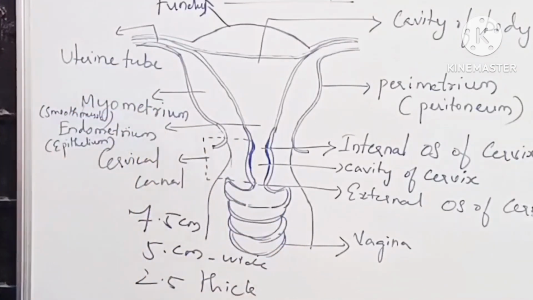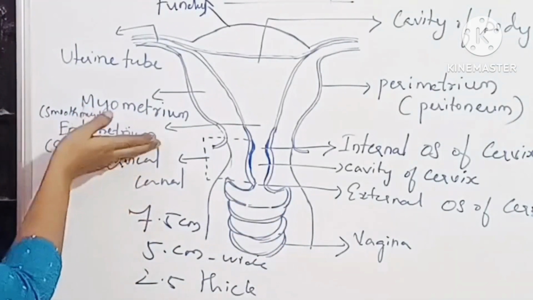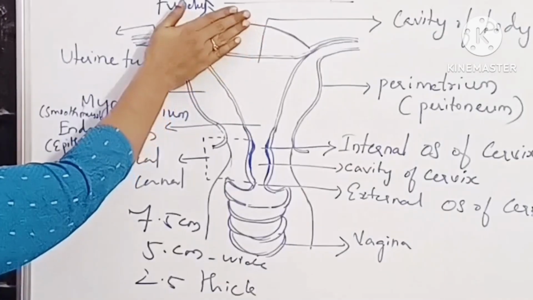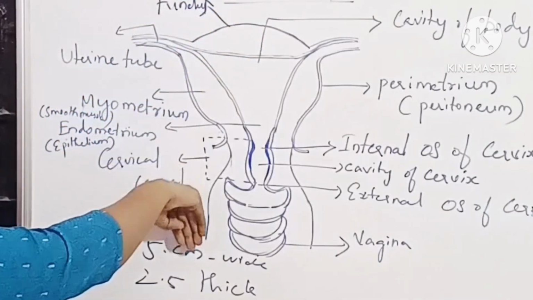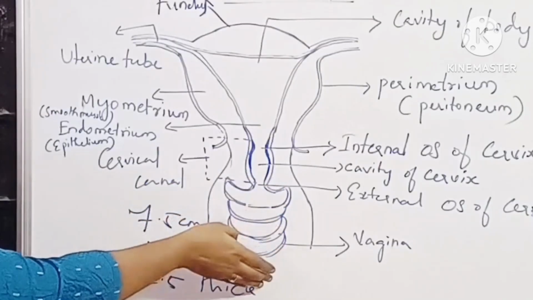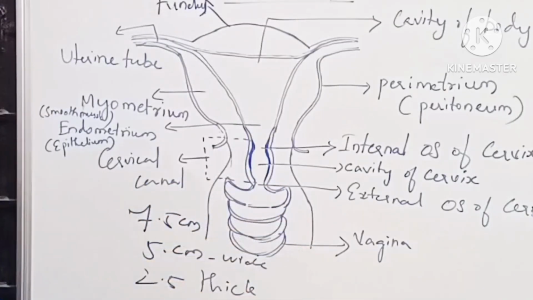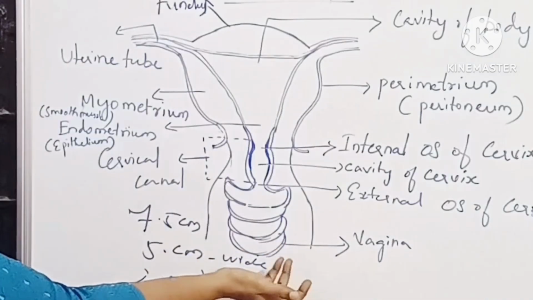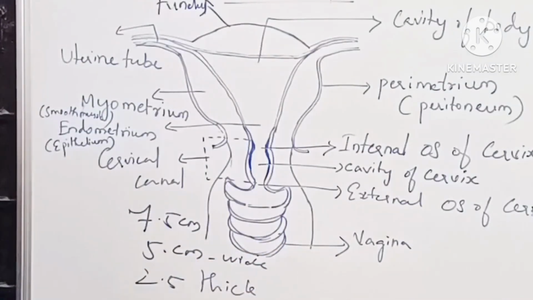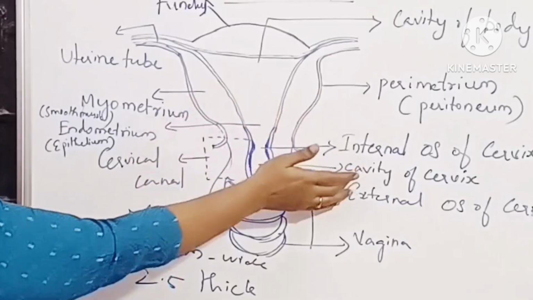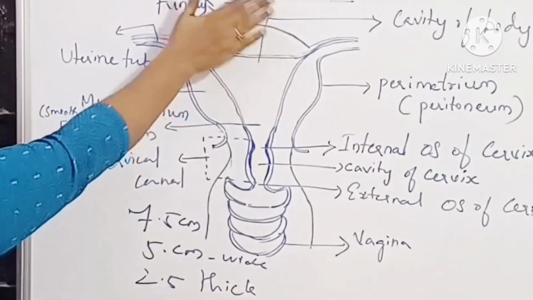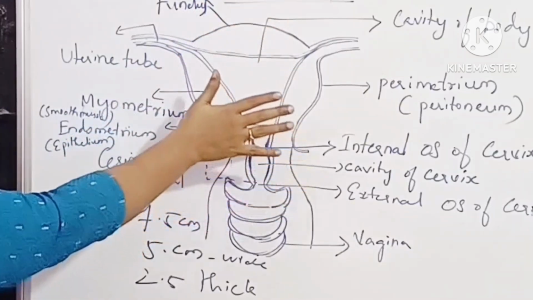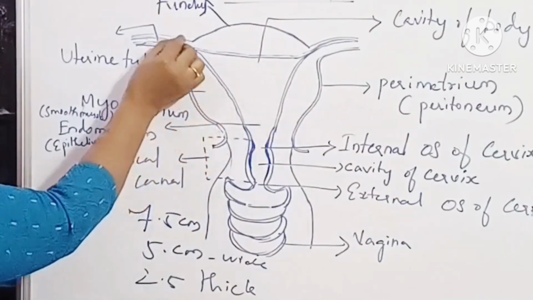Next, posteriorly, the peritoneum extends over the fundus, the body and the cervix, and is continuous onto the rectum to form the recto-uterine pouch. At the back, the rectum is present. Laterally, only the fundus is covered because the peritoneum forms a double fold with the uterine tubes.